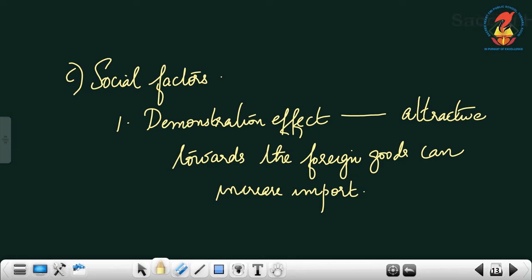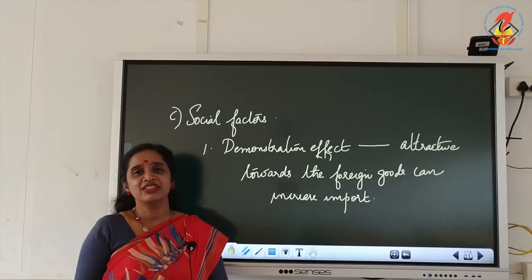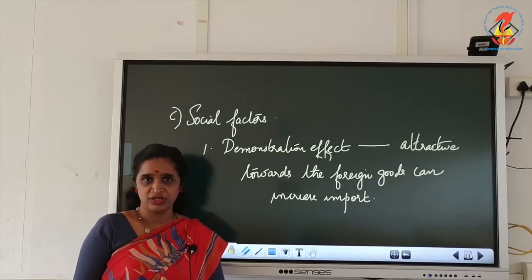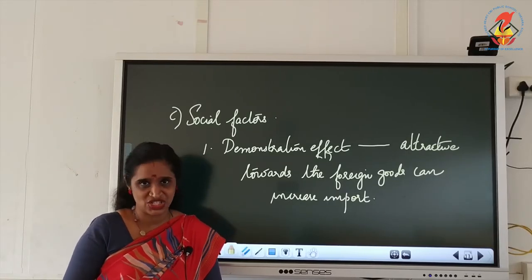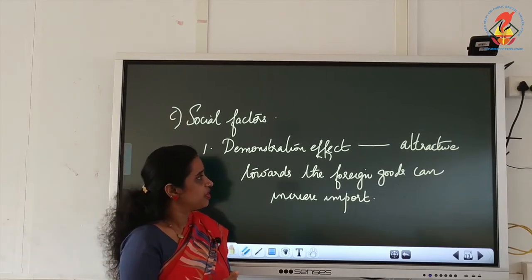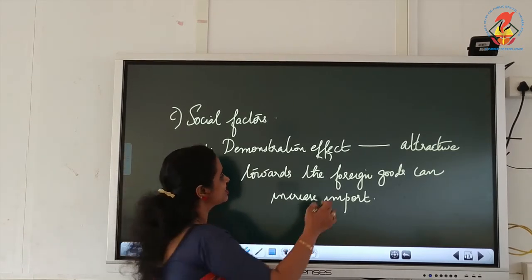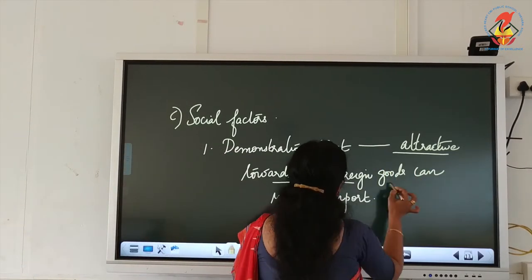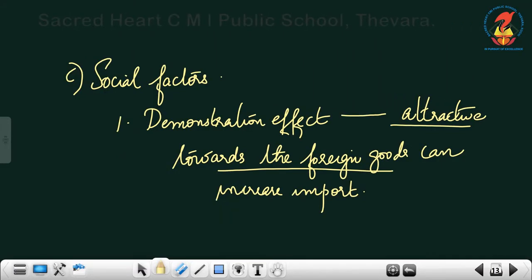Normally, we have a tendency to imitate the living style of the people abroad, the foreign countries, the foreign culture. If demonstration effect is high, we will be attracted towards the foreign goods. If we are attracted towards the foreign goods, what will happen? It can increase the import.